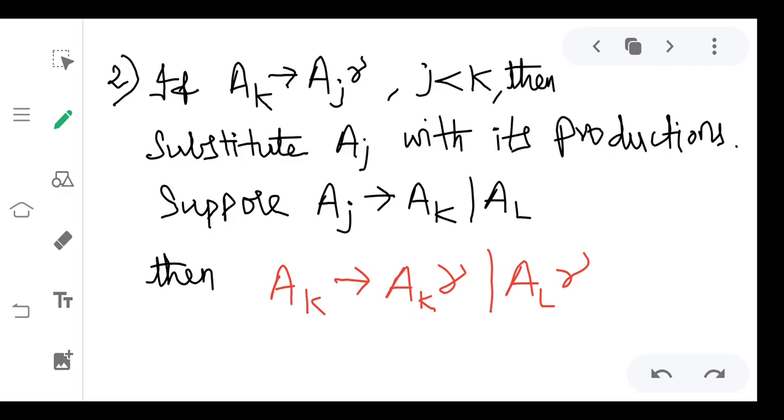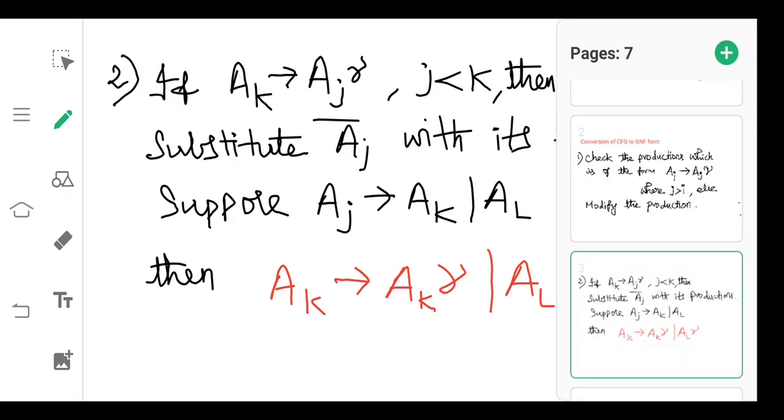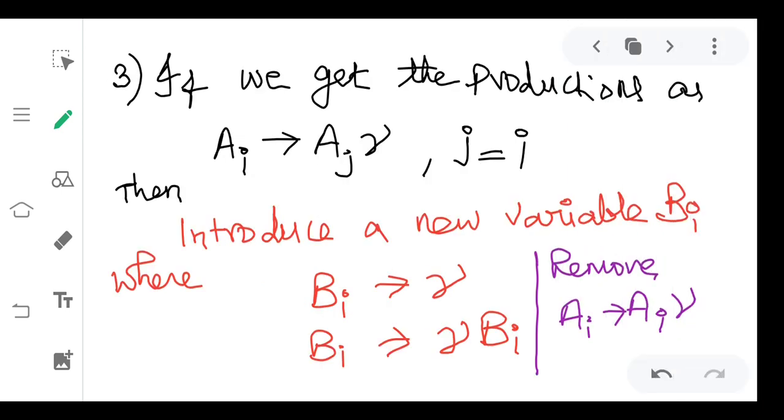Once we replace these, we may achieve a set of productions of the form Ai produces Aj gamma where j is equal to i. In order to make j greater than i, we keep on modifying the production. At some place we will achieve the condition Ai produces Aj gamma where j is equal to i.